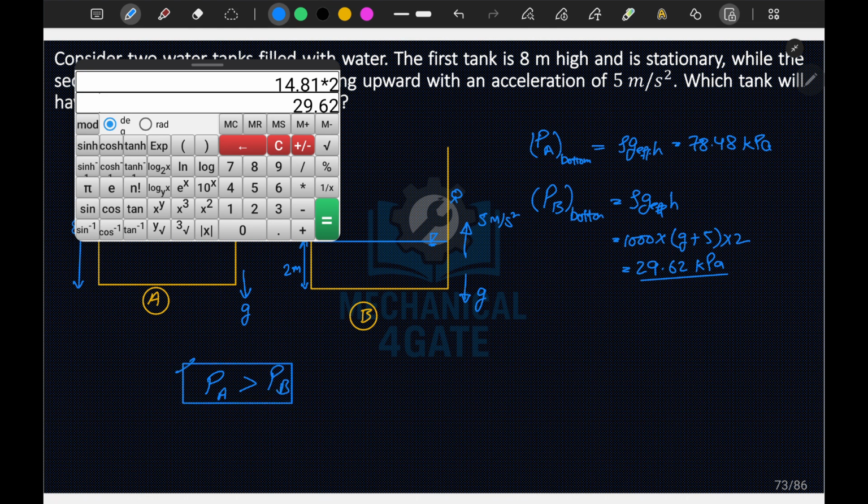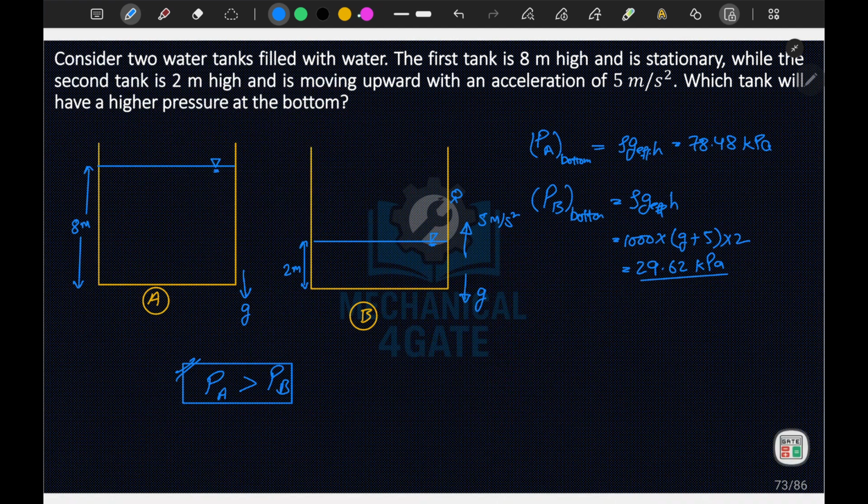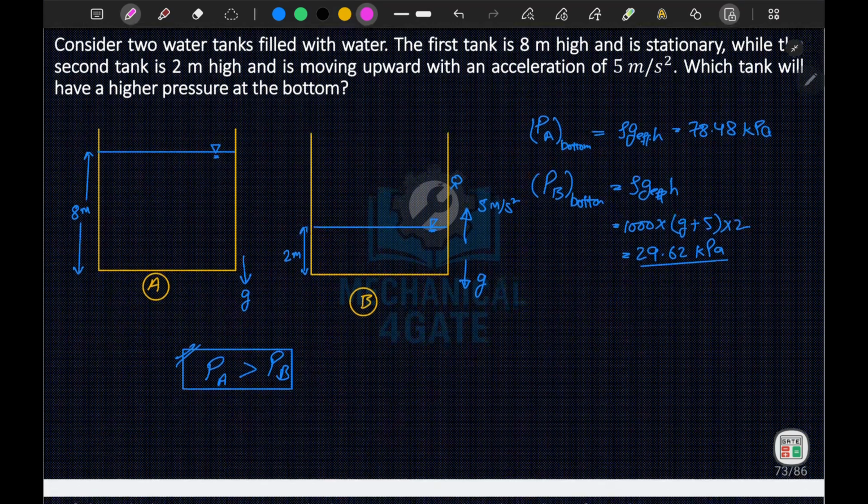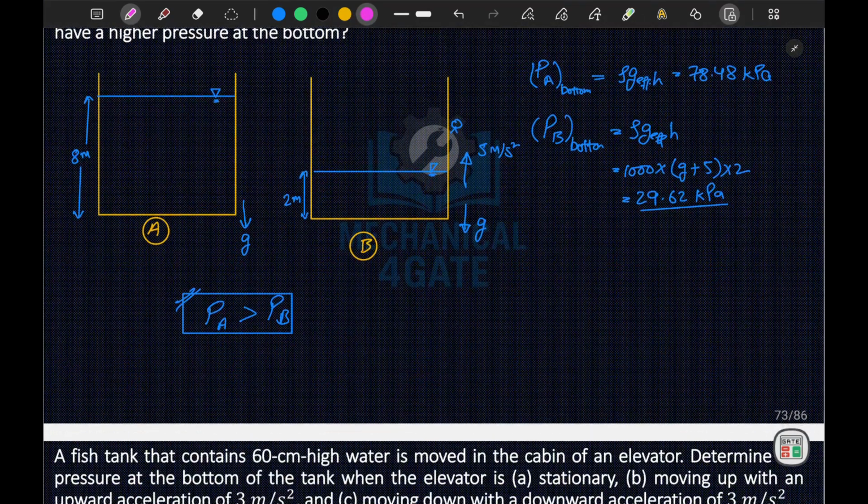Okay, now there is a point you should always remember in these types of questions. What should be your g effective? g effective is basically the relative acceleration due to gravity.